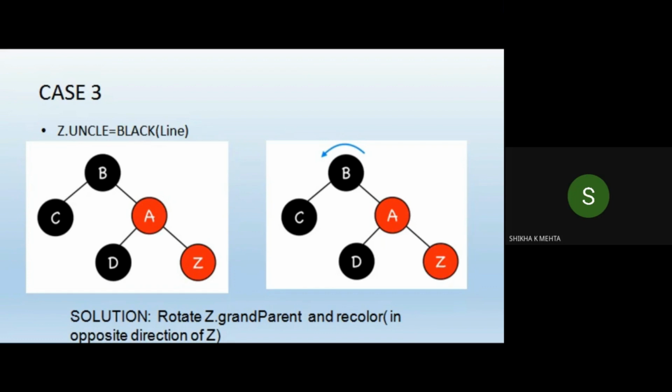Opposite to the direction of Z. Z is the right child of A, so the grandparent will be rotated on the left-hand side. Anyone tell me how the new subtree will look like? Can anybody tell me?